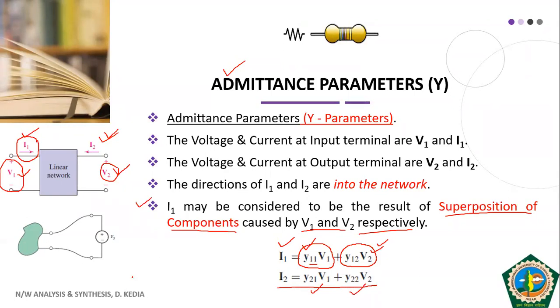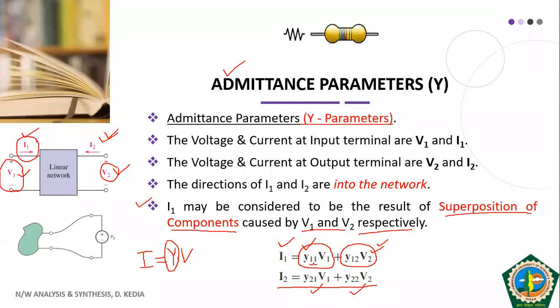Okay, and students, we already know in terms of Ohm's law that I is equal to Y into V, and this Y is nothing but a proportionality constant. In Ohm's law we represent it with the help of conductance, 1 by R. So this proportionality constant Y has been represented, since we have 4 cases, as Y11, Y12, Y21 and Y22. What is the terminology for Y11?